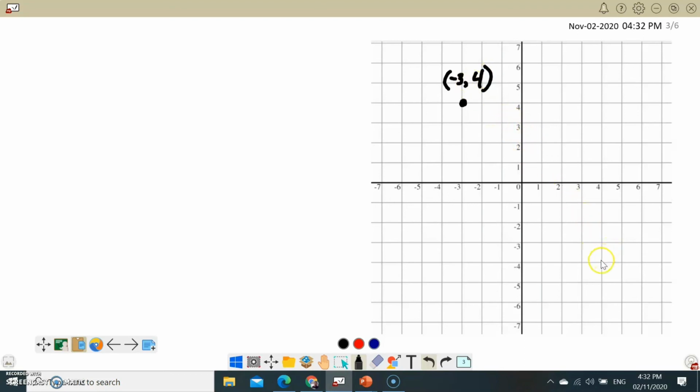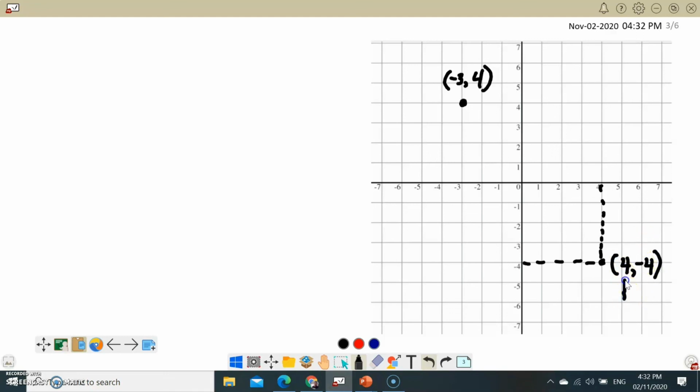How about this one? So if you're going to draw a line, so y is negative 4. Here, y is positive 4. Therefore, the coordinate is 4, negative 4.